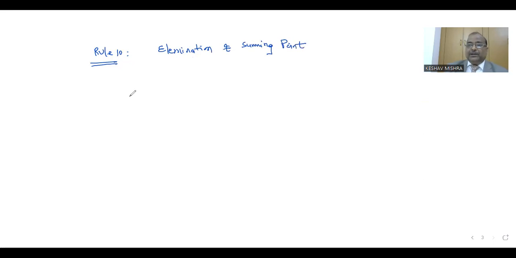We will take some exercises on this block diagram reduction technique, then apply different rules so as to make all these rules very clear to all of you. So this is the elimination of summing point. This is the block diagram with input RS. This is the summing point, plus, this is GS.